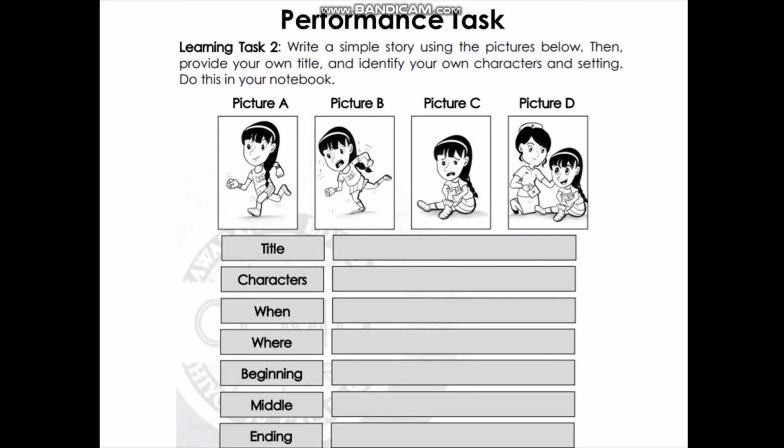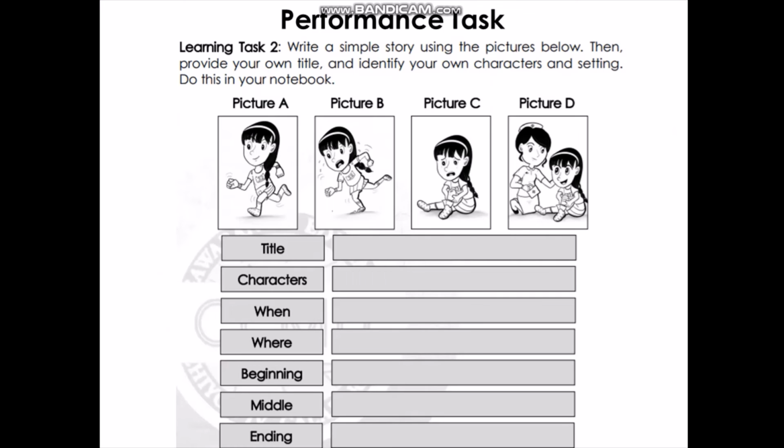Then, provide your own title and identify your own characters and setting. Do this in your notebook. You will write in your paper title, characters, when, where, beginning, middle, ending, and then you will create your simple story.